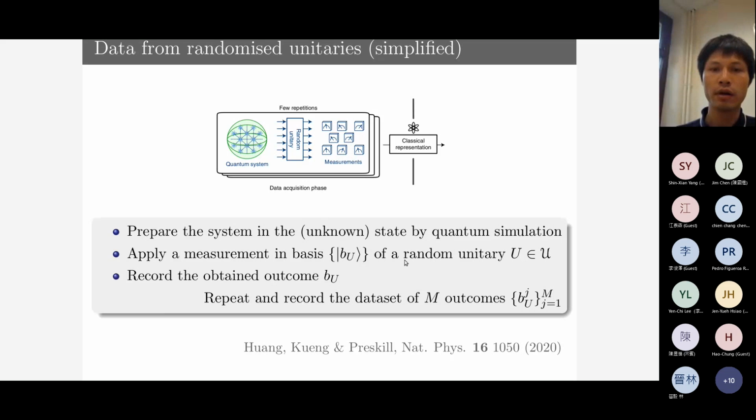So this is an equivalent formulation. And then you just record the obtained outcome in the basis associated with the unitary operator.